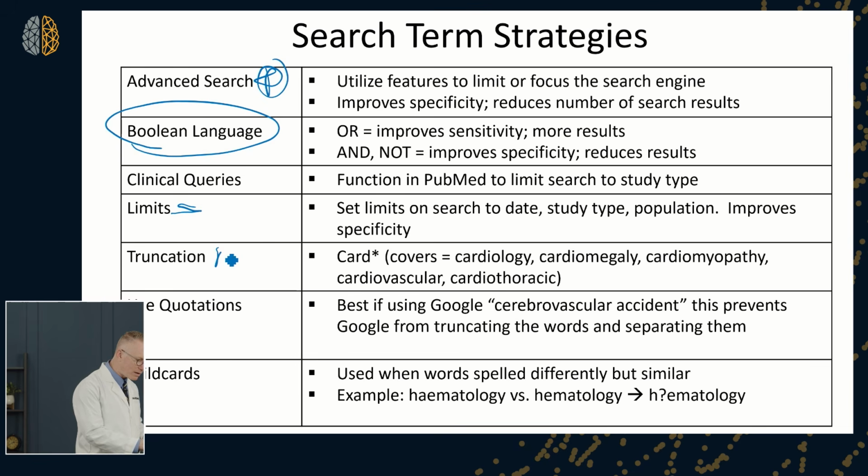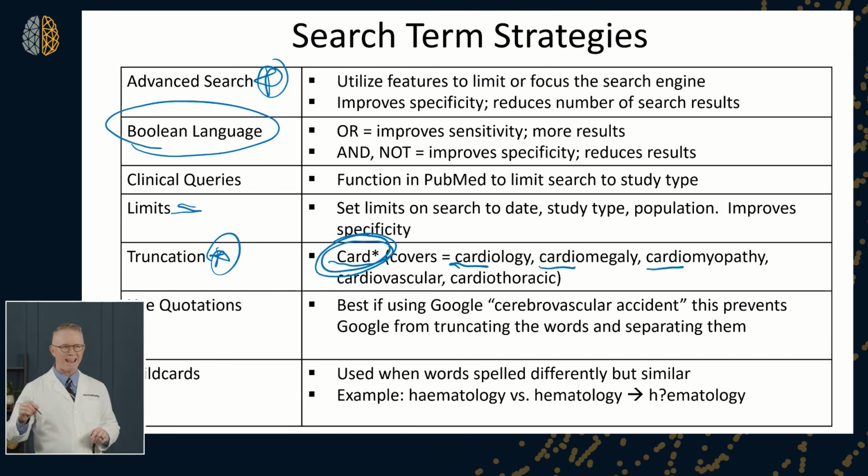You can truncate, which are ways to include other terminology. So like, for example, this term here, card with the asterisk, that would include cardiology, cardiomegaly, cardiomyopathy, because they all start with C-A-R-D. Okay, now if you want that, you would do that.